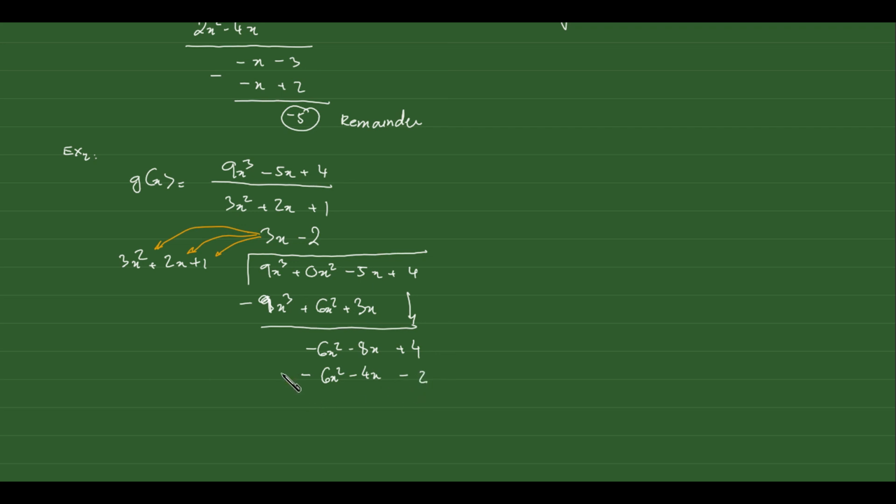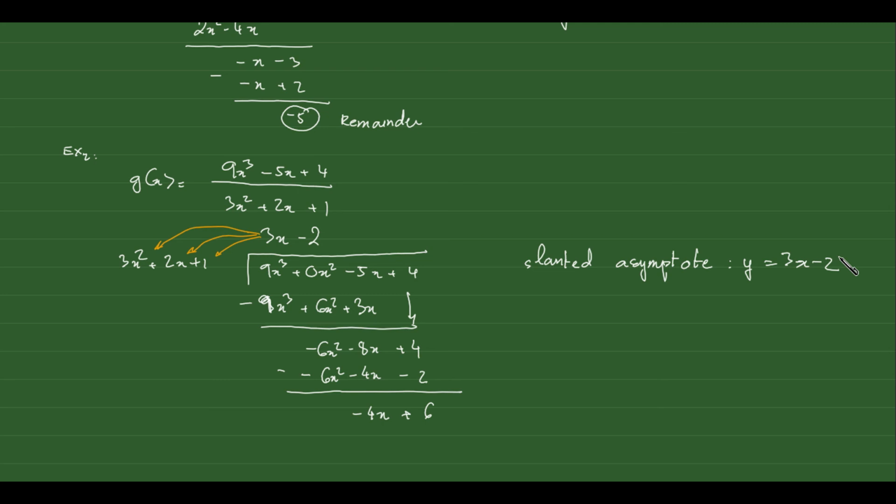There you go. You do the subtraction, which just gives you negative 4x plus 6. And you cannot do any more because the degree over here is smaller than the degree here. So the whole thing over here is the remainder. And the slanted asymptote will be y equal to 3x minus 2.